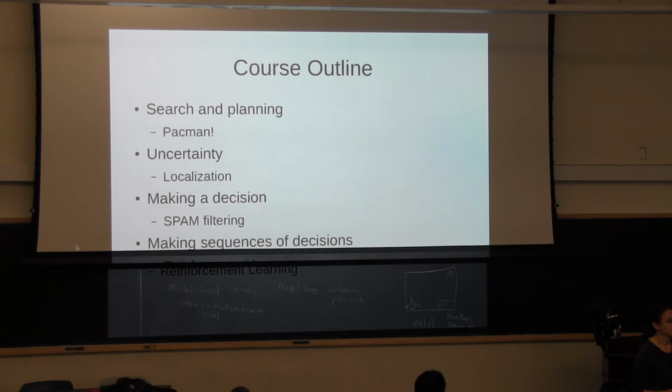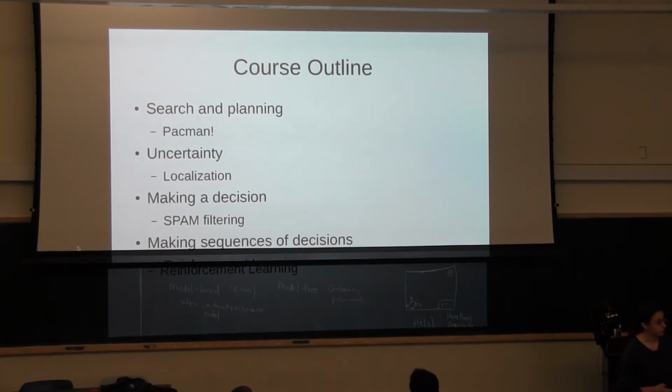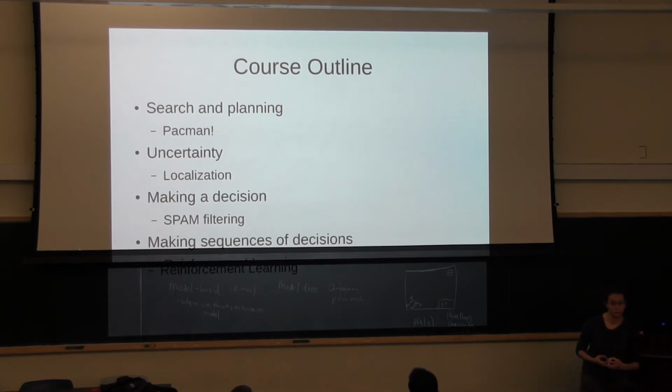When you're at a given state, and you're deciding what action to do next, should you sample from that distribution, or should you pick the maximum? People do both. So it gets back to the explore versus exploit trade-off.